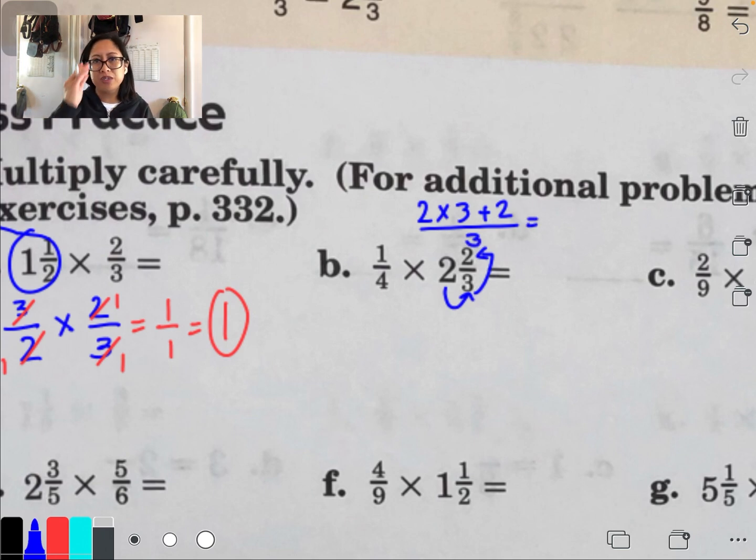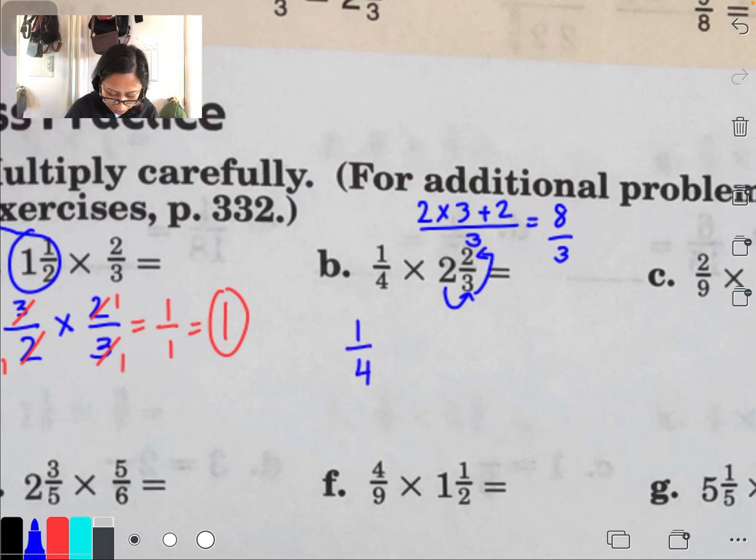So 2 times 3 is 6. 6 plus 2 is 8. So my new fraction, even though it's improper, totally fine, is 8/3. So I'm going to take 1/4 times 8/3. And I can cross cancel the 8 and the 4 by 4.